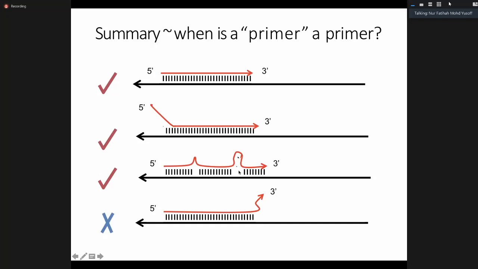And this one as well can also amplify the sequence. That's why it's very important to design the primer very specific to your template. But if your 3' end doesn't anneal to your template, then the amplification may not occur. So that's why it's very important to look at the 3' end of the primers.